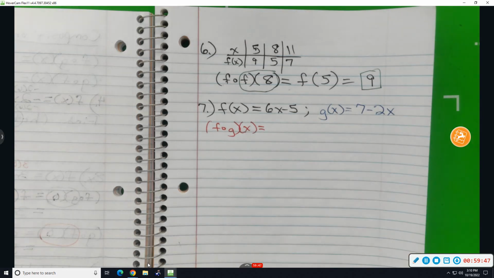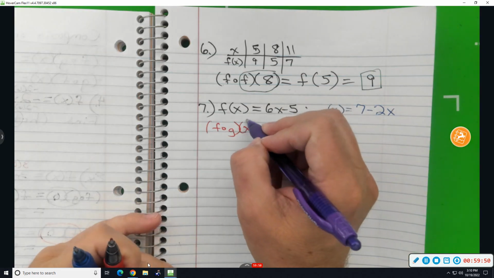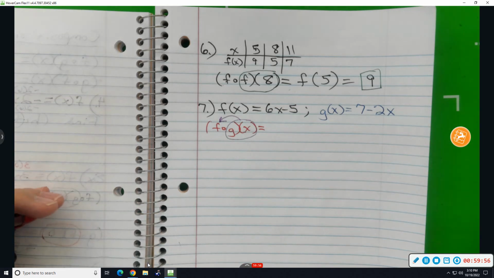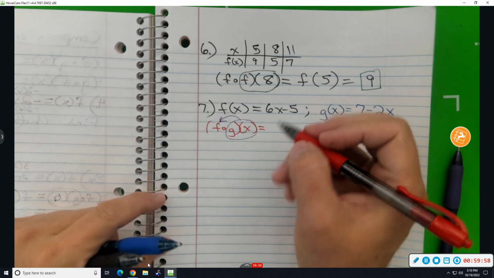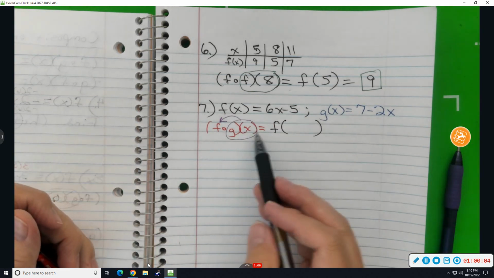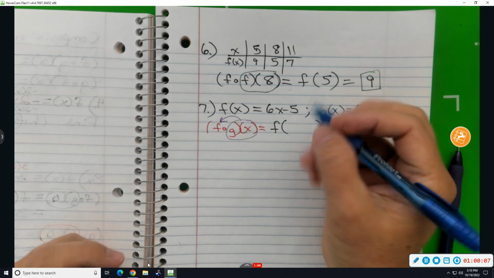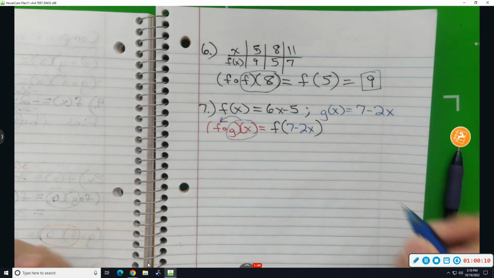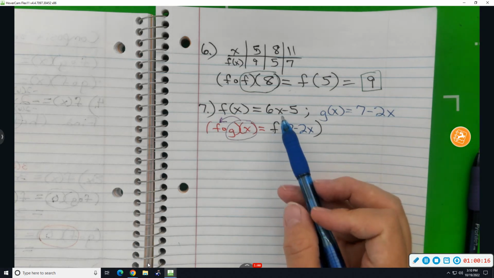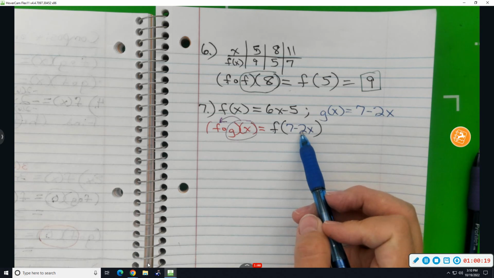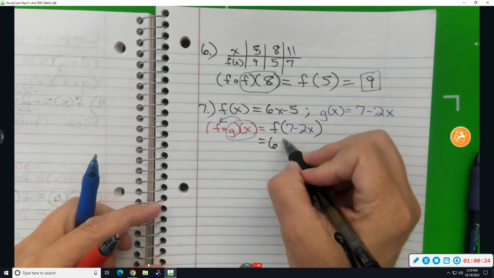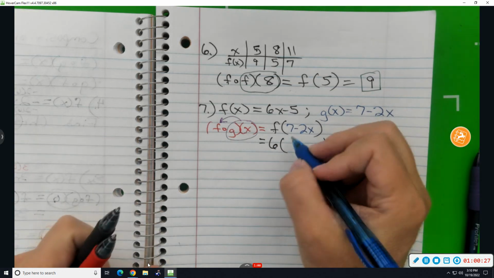That says take g of x and plug it into f. f is on the outside. g of x, that's 7 minus 2x, is on the inside. So we go to f, replace any variable you see with 7 minus 2x. So we have a 6, replace the variable with 7 minus 2x.